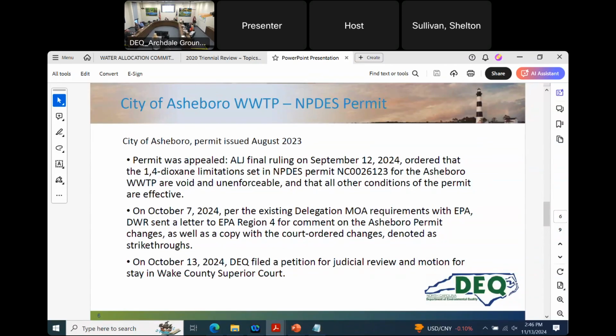They stated that the revisions may not be consistent with the Clean Water Act, which requires NPDES permits to include effluent limits as stringent as necessary to meet state water quality standards. Pursuant to the MOA, EPA has 90 days to supply the specific grounds for the general objection, if any. They have until January 6, 2025.